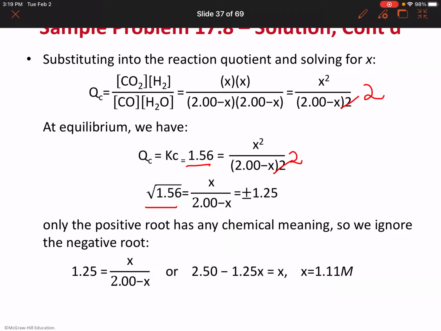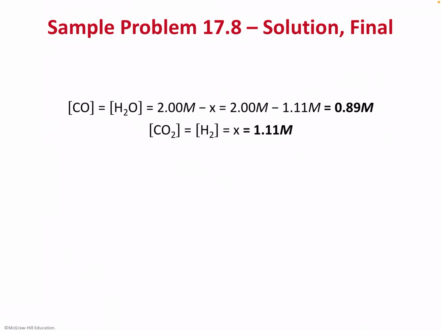So what we want is the equilibrium concentrations. Carbon dioxide and hydrogen are going to be 1.11, and carbon monoxide and water are going to be 2 minus x, which is 2 minus 1.11, so 0.89.